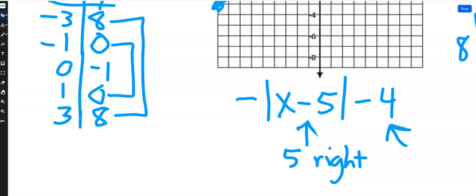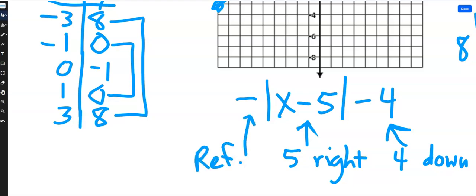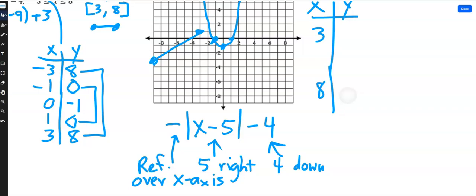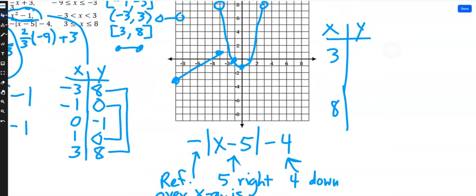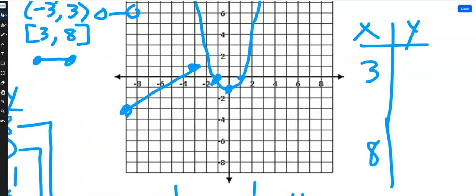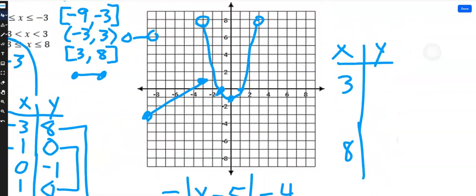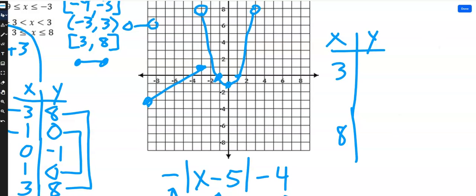It's 4 down. And it has been reflected over the x-axis. So we know it's going to open down because that's changing the y value. Now, if 5 is in the middle, and 4 down, we know it opens down.